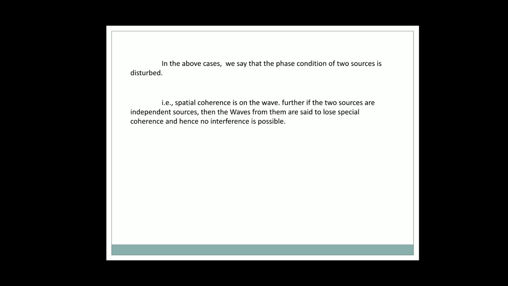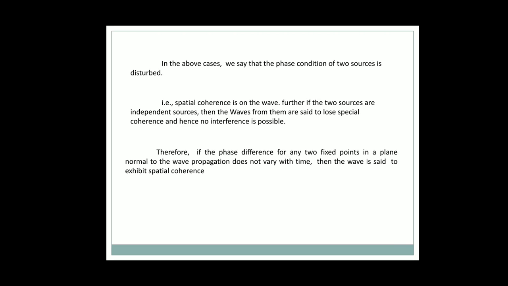Further, if the two sources are independent sources, it is nothing but they did not come from the same single source, the two sources are individual. Even though their wavelengths are equal, the phase changes randomly with time. So in this case also we cannot see the interference, it loses spatial coherence, and hence no interference is possible.